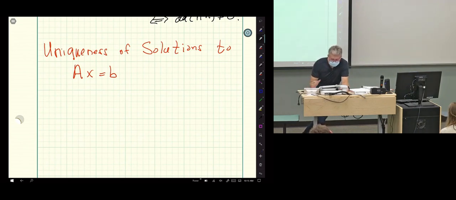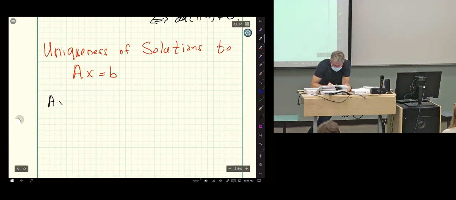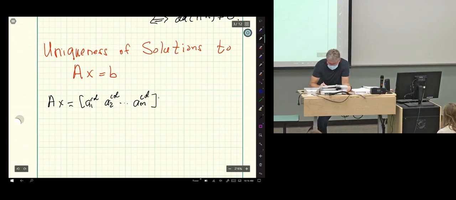Okay, so let's relate uniqueness of solutions to the columns of A being linearly independent. Let's see if we can figure out how that works. So A times X, we can write this as A1 column, A2 column, dot, dot, dot, AM column.